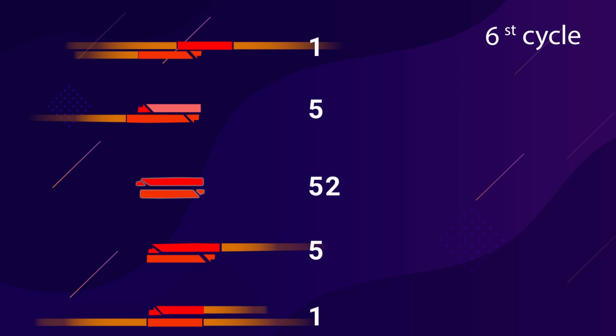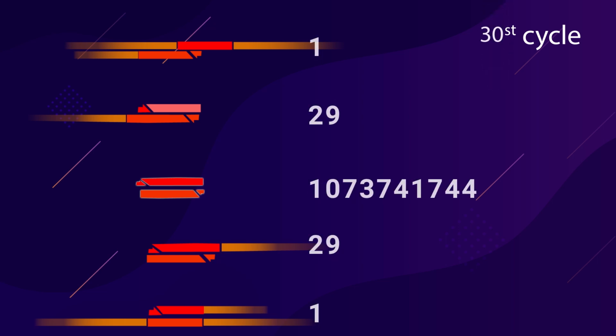Cycle 6. Cycle 10. Cycle 15. Cycle 20. After 30 cycles, there are over 1 billion fragments of the correct length but only 60 longer ones.